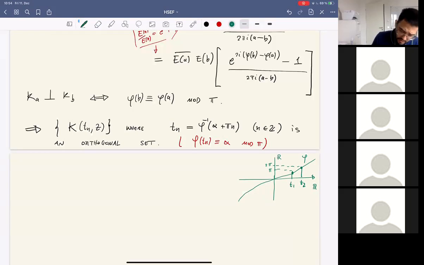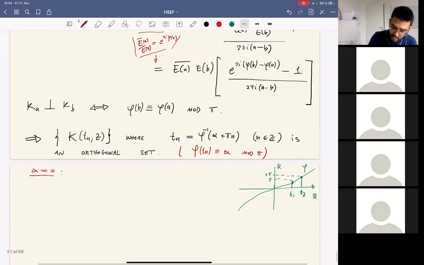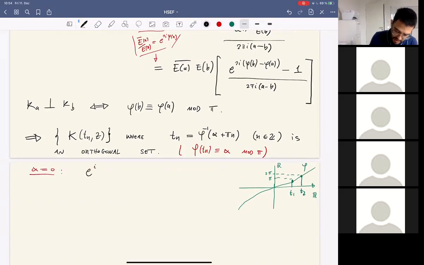Okay, so for instance, what happens when alpha is 0? Which was the drawing I was making anyway. When alpha is 0, well, we know that e to the i phi of x, let me write it in terms of the functions A and B, is always real for every x real.